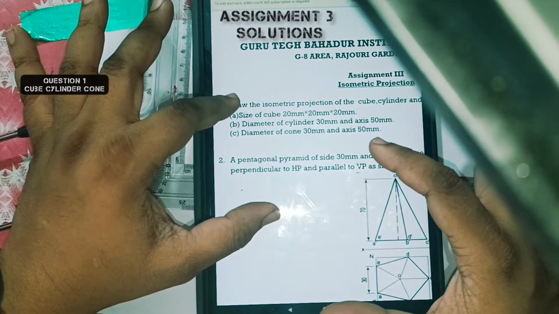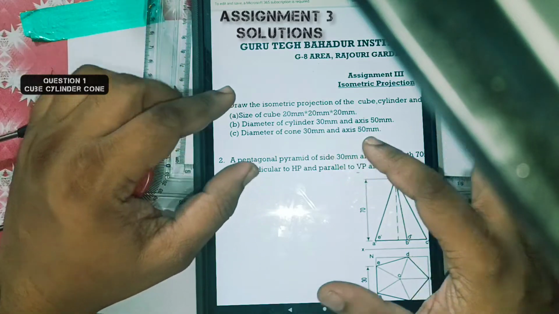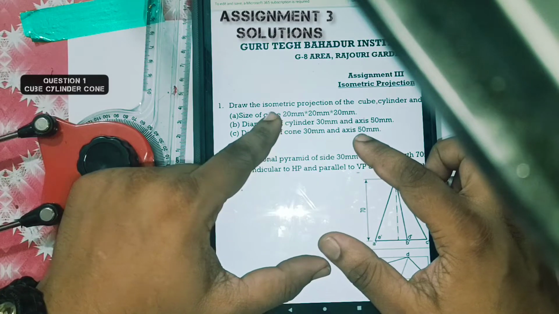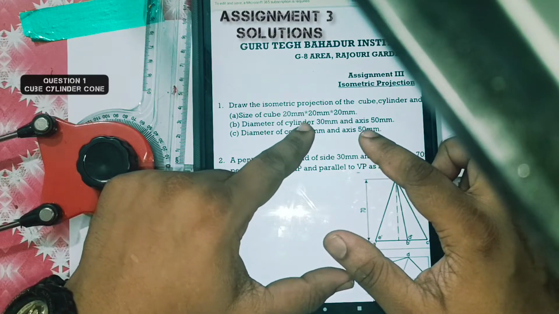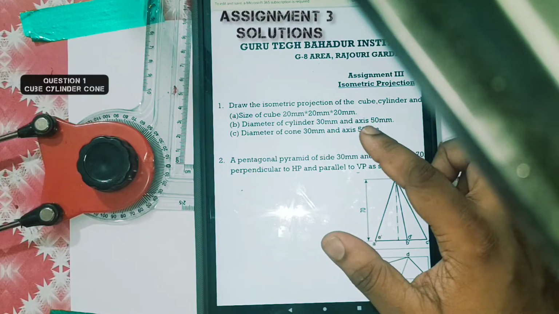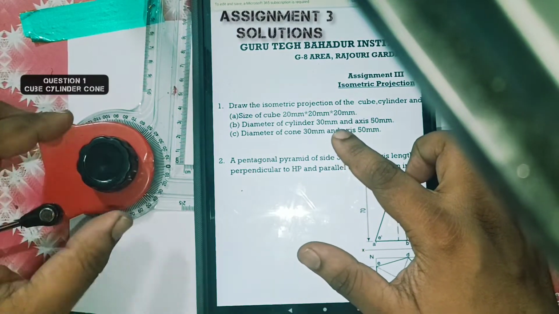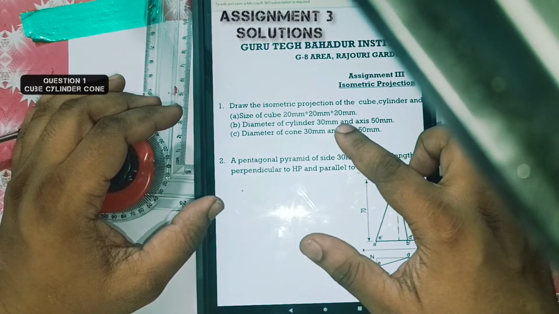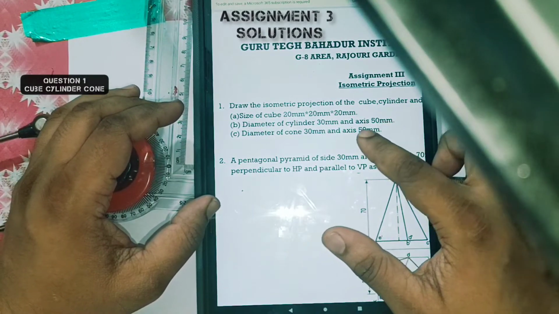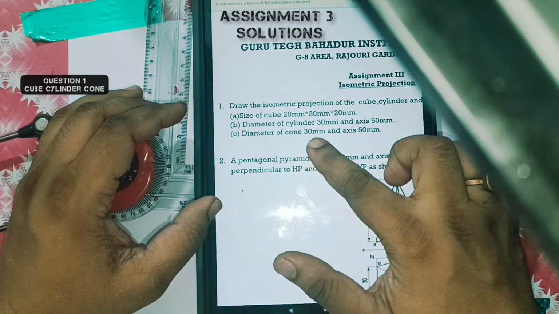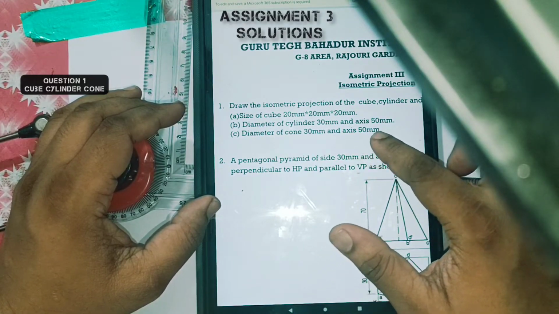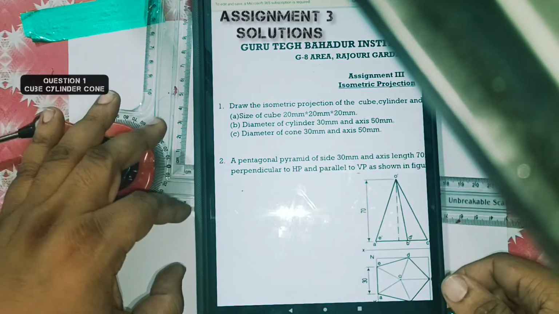If it is written over there that a cube is given and its dimension is 20, 20, 20. Okay, next is a cylinder having 30 mm diameter and axis of 50 mm. Another question is the cone with an axis of 50 mm and 30 mm diameter.